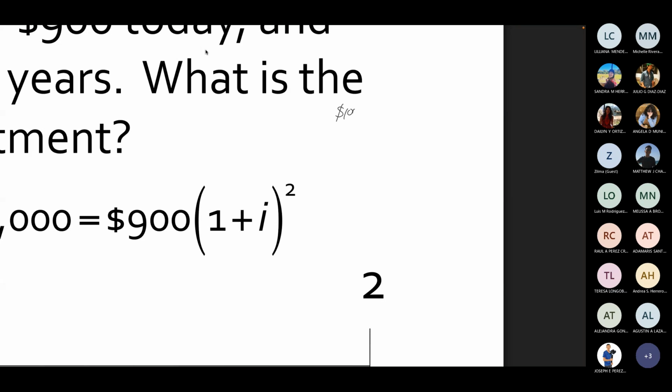1,000 is 900 times (1 plus I) squared. So using algebra, trying to isolate I, I is equal to the square root of 1,000 divided by 900, minus 1.